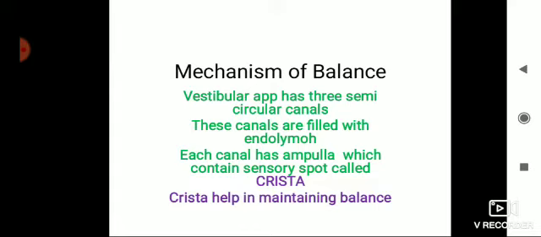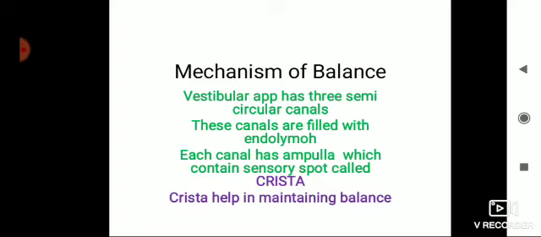I told you that internal ear is the organ of balance. Now here is how it acts as an organ of equilibrium. So far we studied the internal structure of the ear.